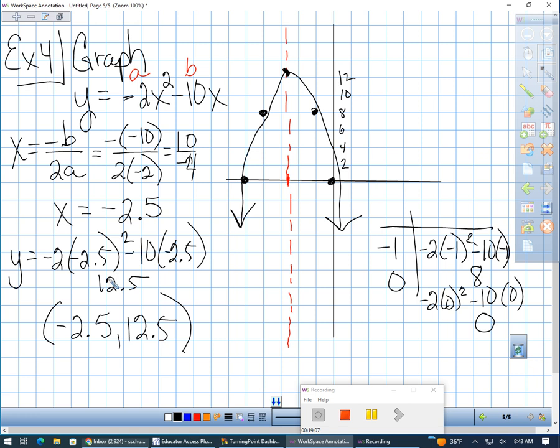That should be a negative 2.5 right there. There we go. Good deal. Okay. So everybody's good with the graphing part.